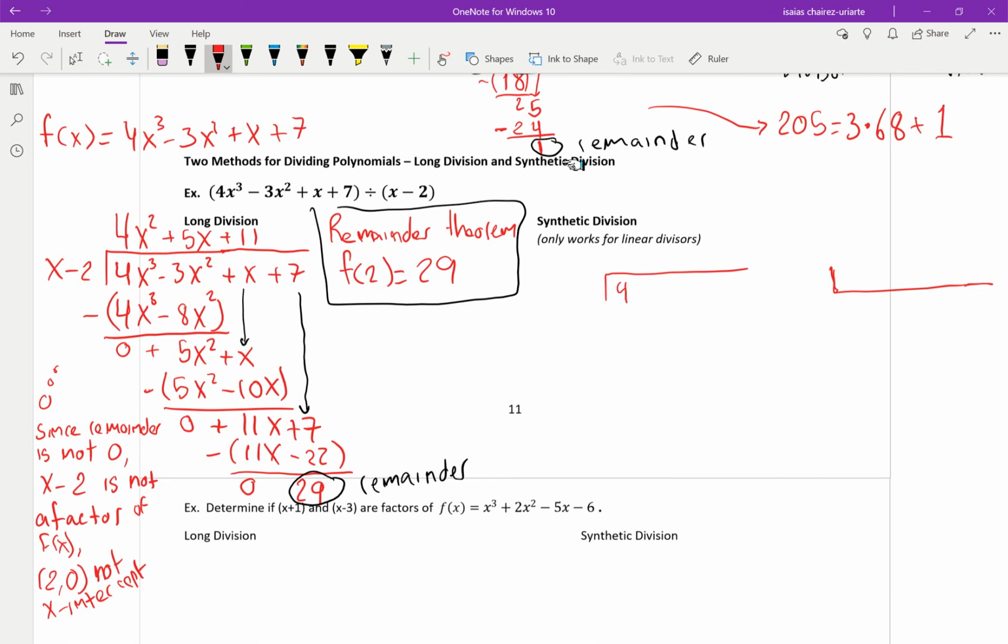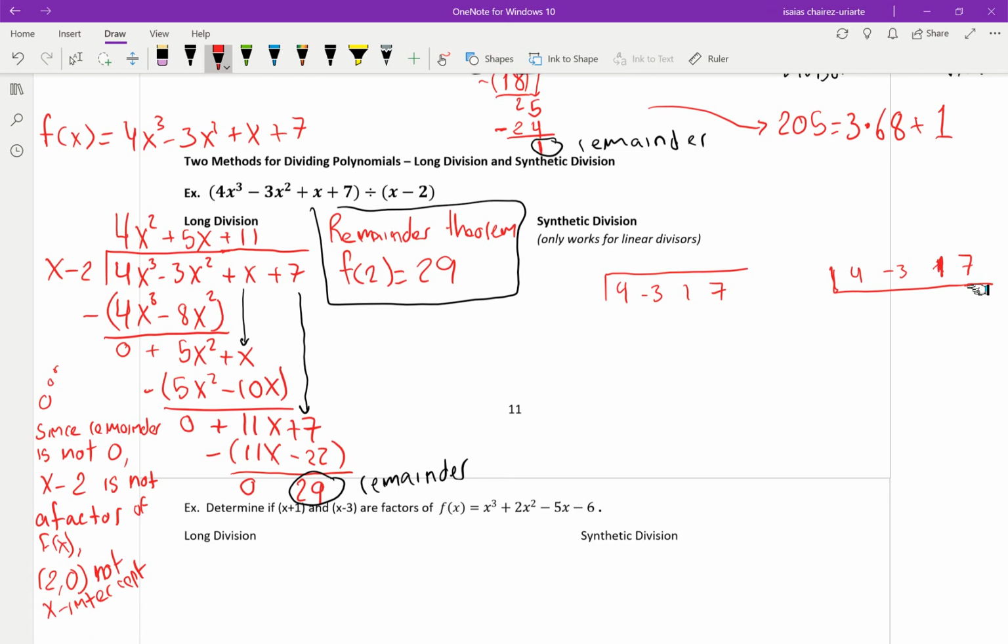So 4, -3, 1, 7. I don't know if you've seen this before. Sometimes this little house remains the same, sometimes this little symbol is turned upside down. It doesn't matter. It's the same thing.